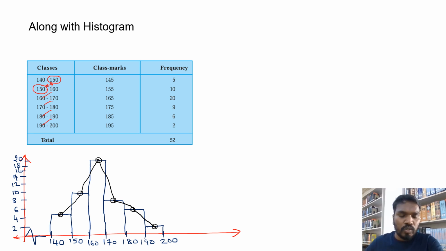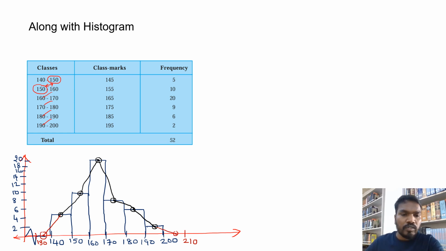To make it closed, you take the class just before the start and just after the end. So here it is 210, and here it is 130, suppose. Here, as I said, the frequency is 0, so therefore this point, and similarly here also the frequency is 0, so this point.